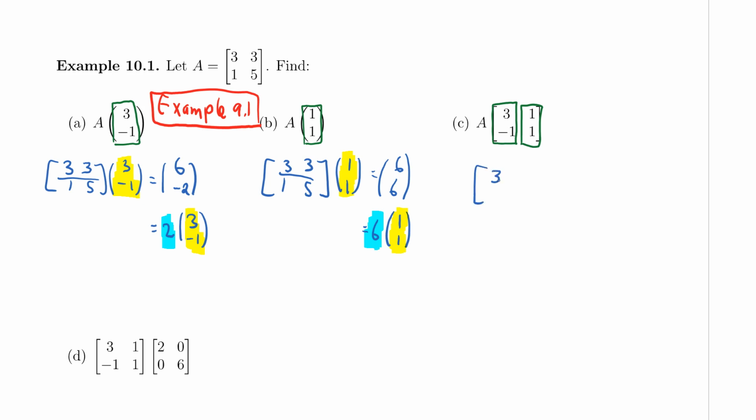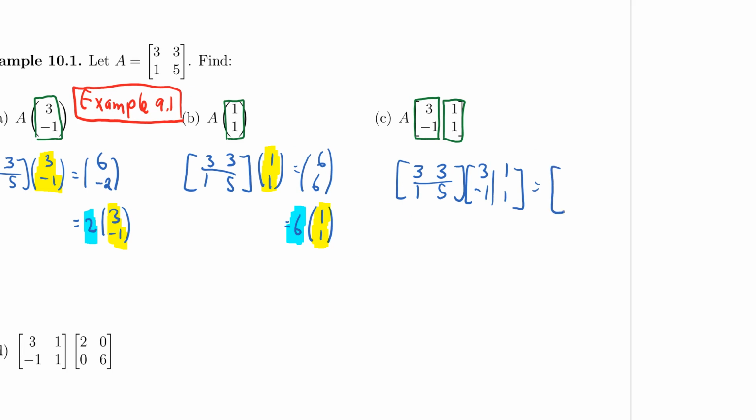So that would be A, and then (3, -1) and (1, 1). What am I going to get? I'm going to have 9 minus 3, so that's a 6. 3 minus 5, so that's a negative 2. I have a 3 plus 1, and that's a 4... I have a 1 plus 5, which is a 6.